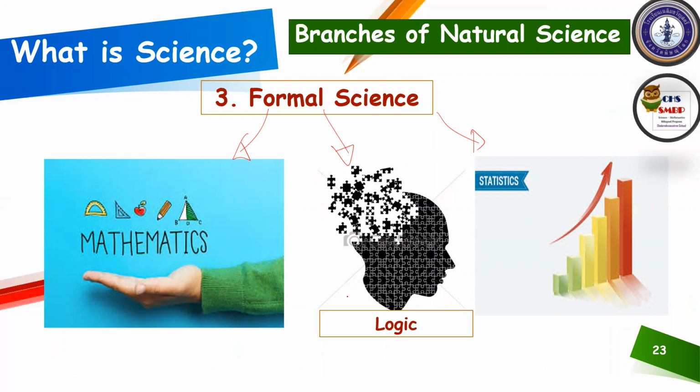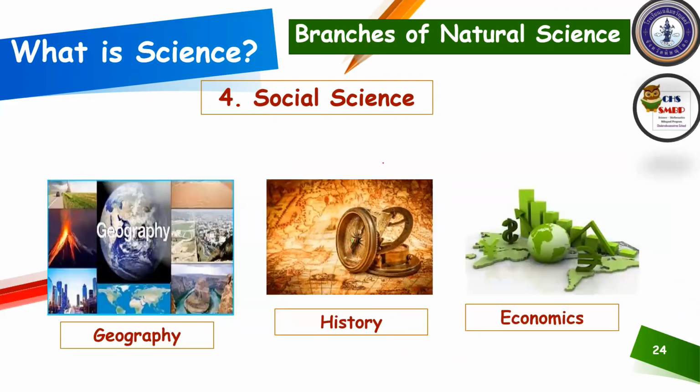Then logic, critical thinking, we say cognitive skills. And then statistics, we need statistics to conduct experiments, to show some associations between the causes and effects. So we need statistics in our research. And finally, you see social sciences that include geography, history, and economics.